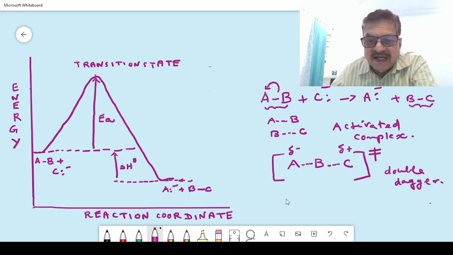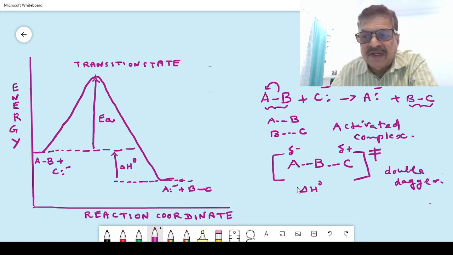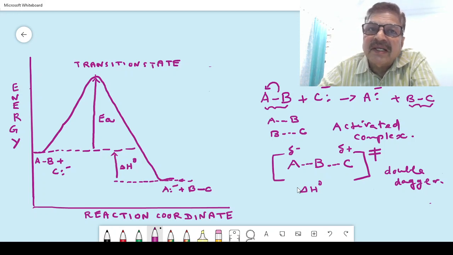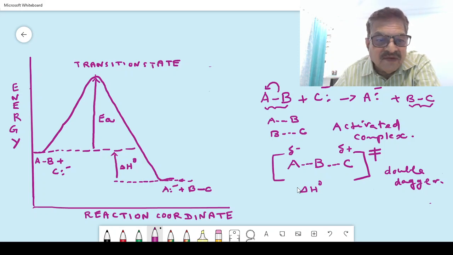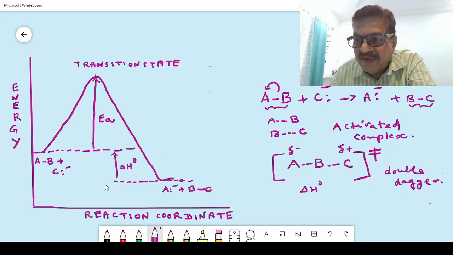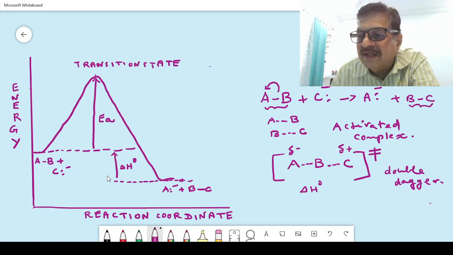that is delta H. This delta H determines the relative positions of the reactants and the products. It is the energy difference between the reactants and the products.